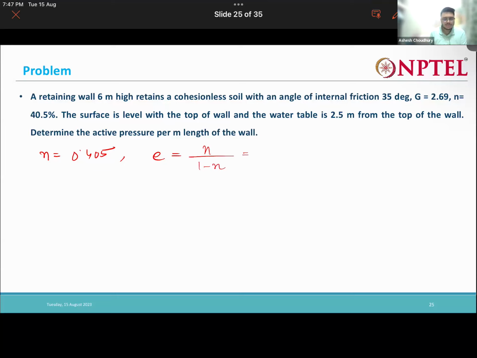So now you can calculate the void ratio. Please tell me what is the void ratio?